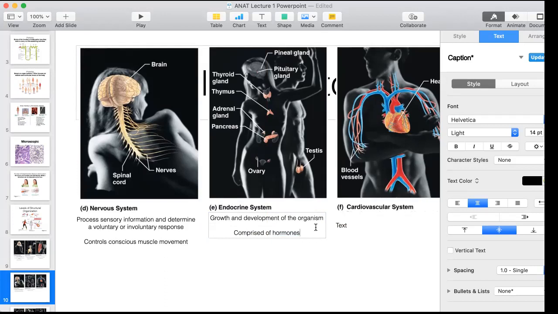So to give you an example, the thyroid gland secretes thyroid hormone, which controls the metabolic activity of the cells. Testosterone controls muscle growth, development, feelings of aggression. Estrogen controls things like the female secondary sex characteristics, and it also controls things as well.